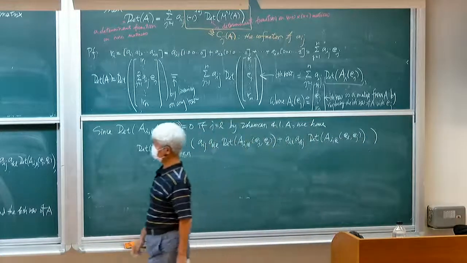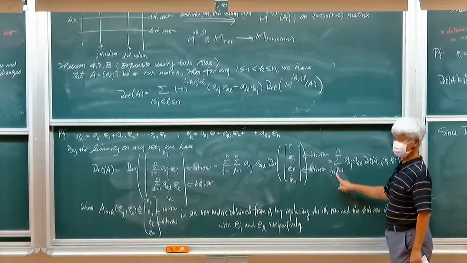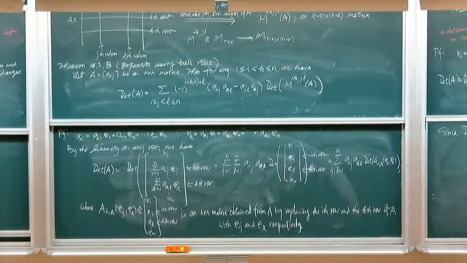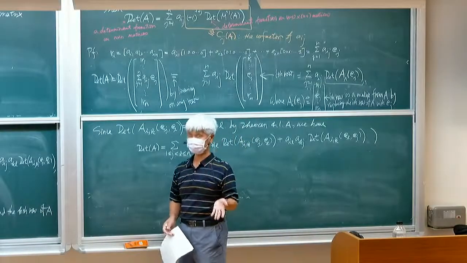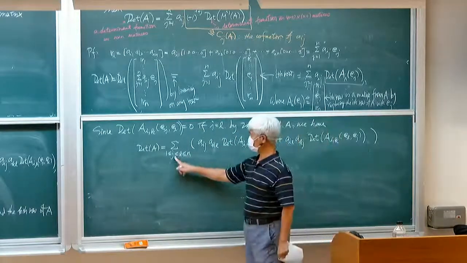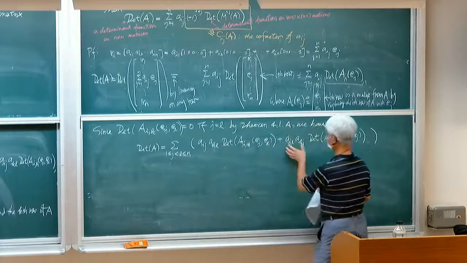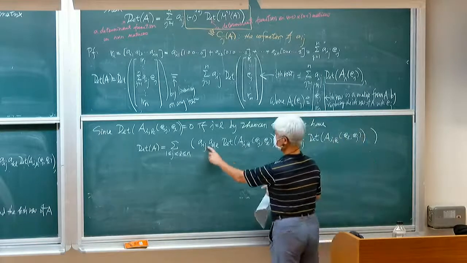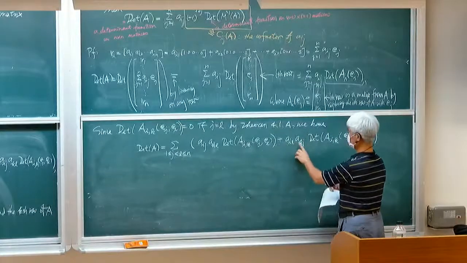Here we must have j not equal to l, but j not equal to l has two possibilities: either j is bigger than l or j is less than l. So I just keep j less than l for the first part. The other is the opposite: I use il and kj, whereas here it is ij, kl. So j is less than l, but here l is greater than j.